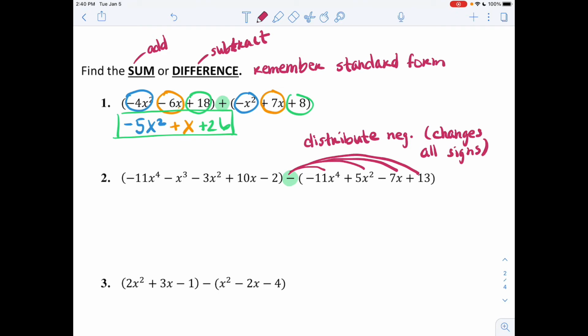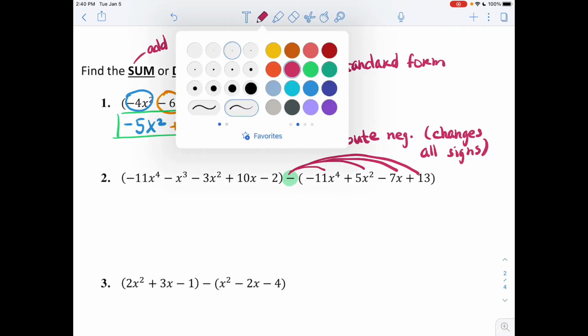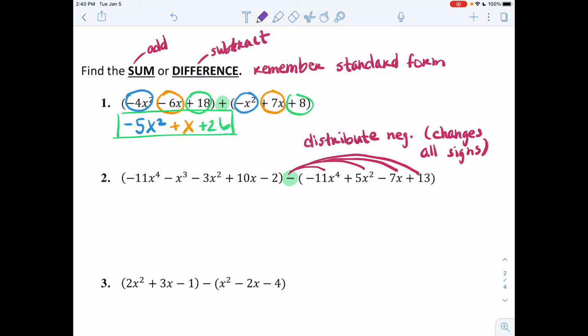So I'm going to rewrite this with that done, and then start combining like terms. So my very first polynomial, the first set of parentheses, nothing is going to change. There wasn't anything out in front here that needed to be distributed. So it doesn't have any changes to it. I'm just going to simply eliminate the parentheses as I go along here.